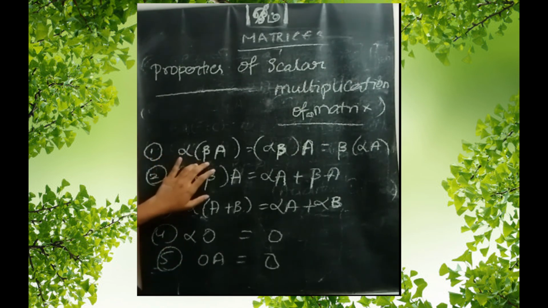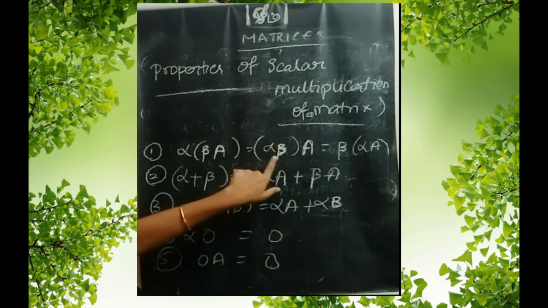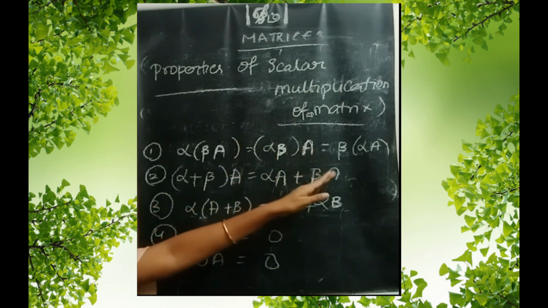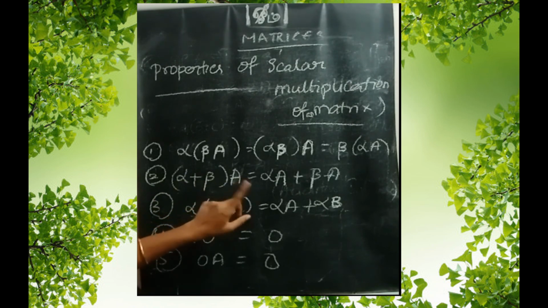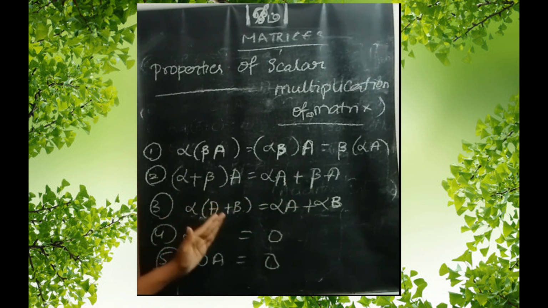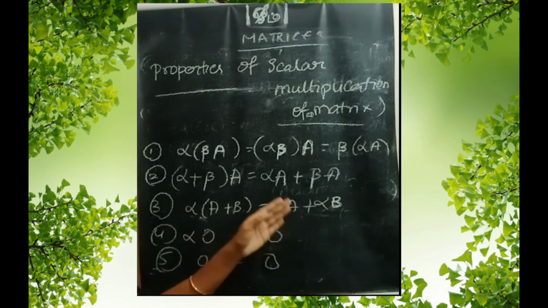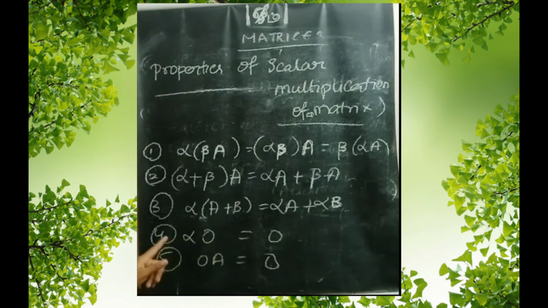Alpha beta into A means alpha beta of A equals beta of alpha A, and alpha plus beta of A equals alpha A plus beta A. Alpha of A plus B equals alpha A plus alpha B. If anything is multiplied with the zero matrix, then we will get 0.